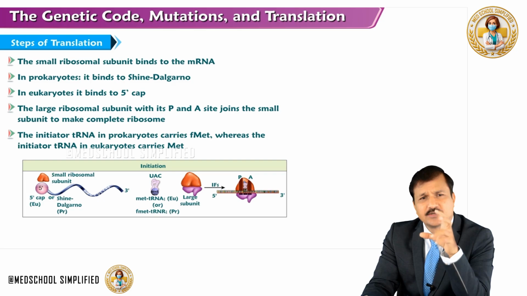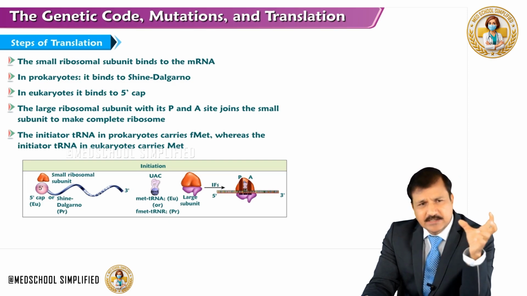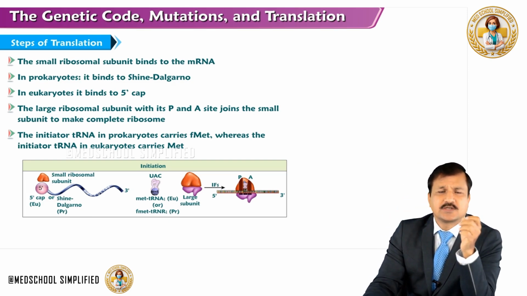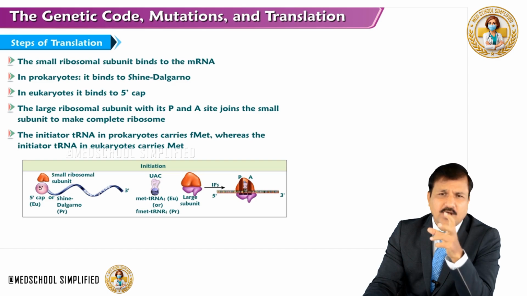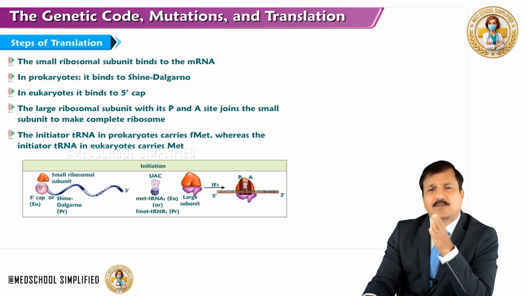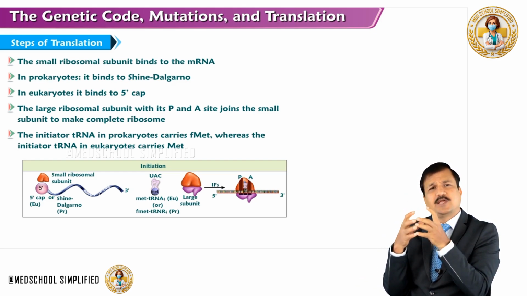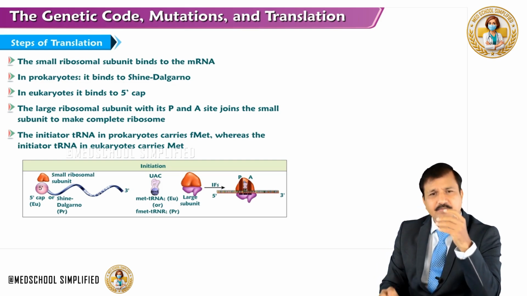Whereas in eukaryotes, the small subunit binds to the 5' cap structure and slides down the message to the first codon, that is AUG. The charged initiator tRNA becomes bound to the AUG start codon on the message through base pairing with its anticodon.